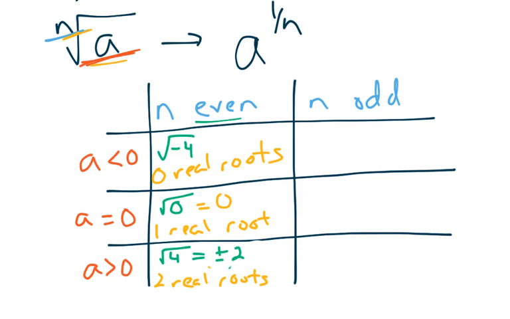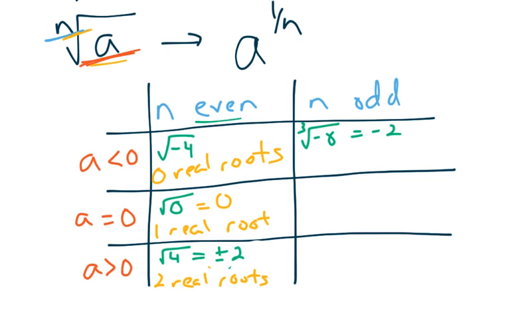If the index, the n value, is odd, so let's go back here to the odd side, let's talk about the cube root of negative 8. There is a number that if you multiply it by itself 3 times gives you negative 8, and the answer is negative 2. Negative 2 times negative 2 is positive 4, times negative 2 again gives you negative 8.